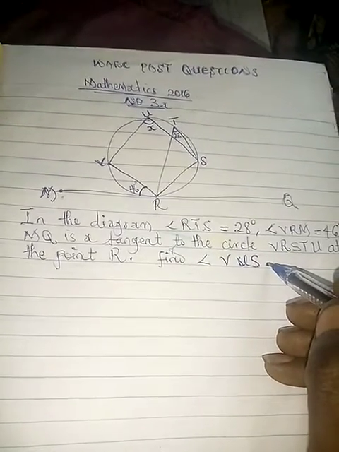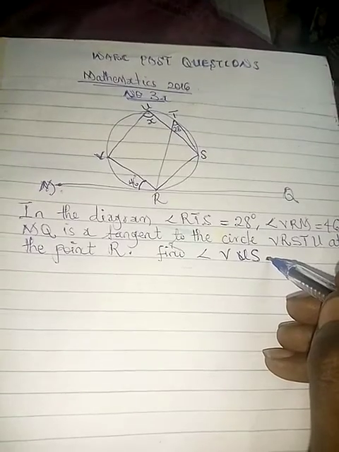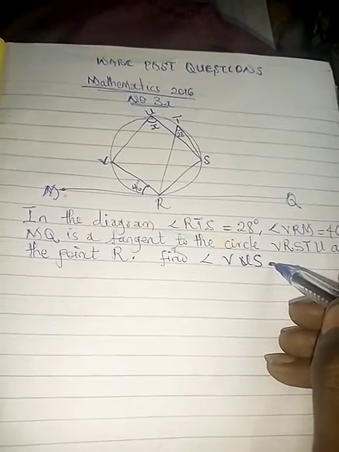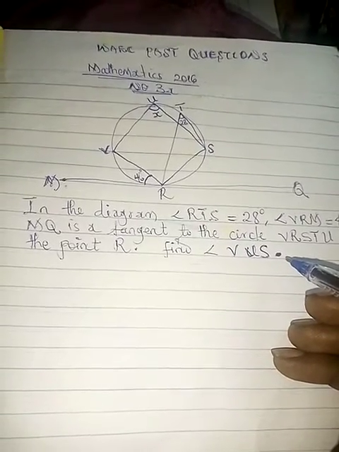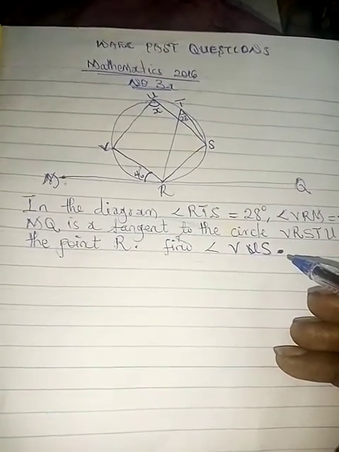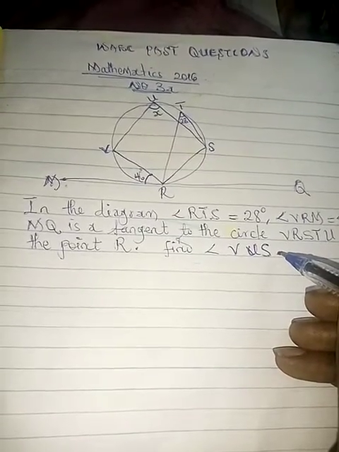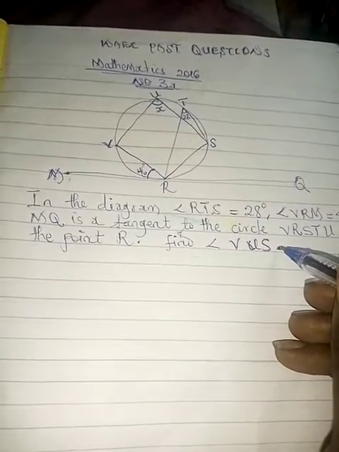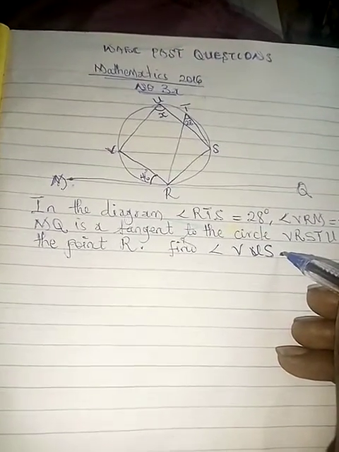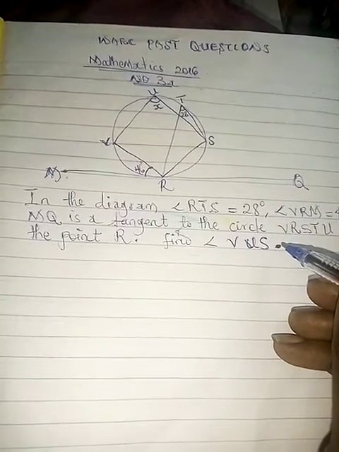You are expected to do numbers 6, 7, and 8 as your assignments. The reason I've decided to take this is that I discovered that the majority of you still need to understand some concepts here. So please listen attentively as we solve this problem.